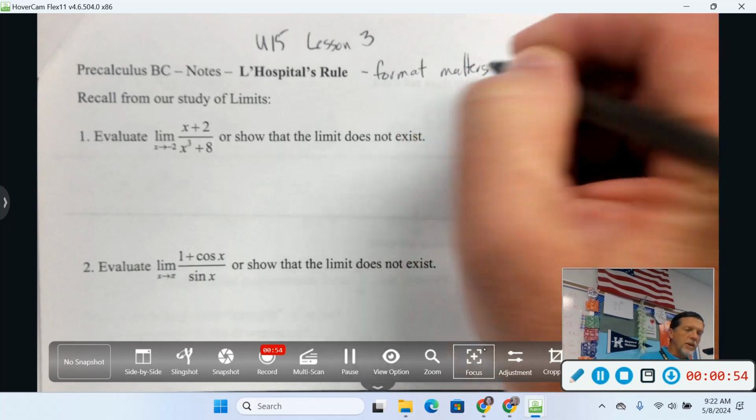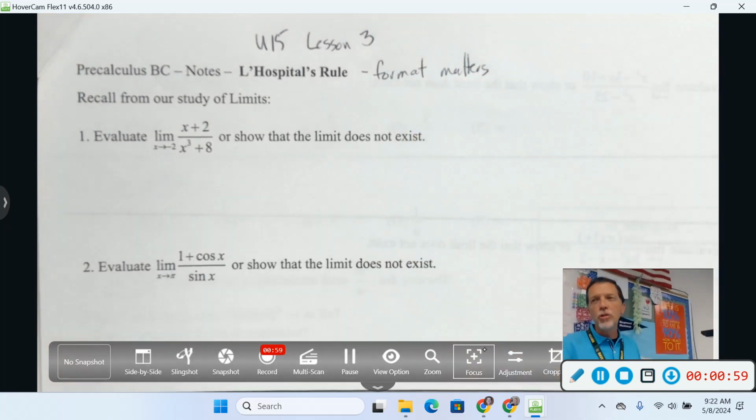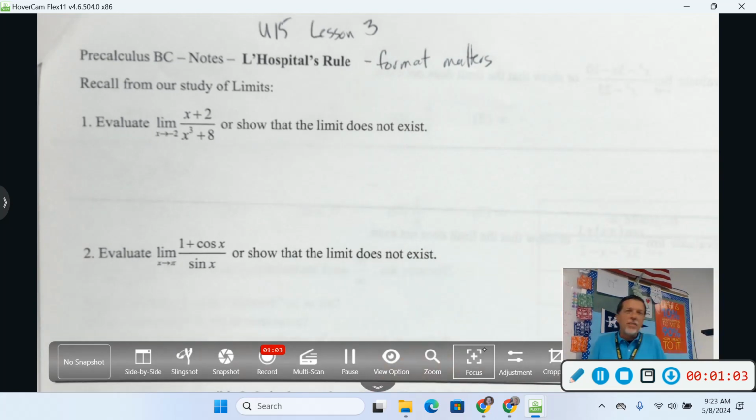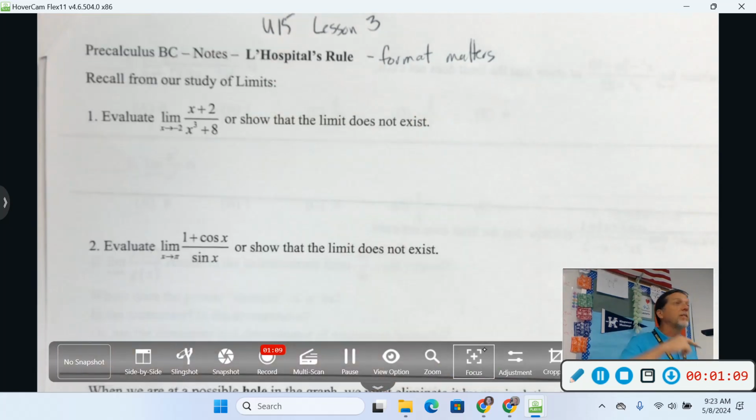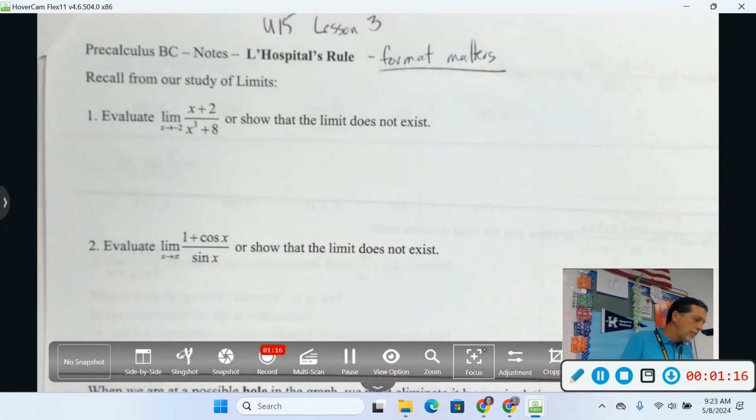I'm trying to think of a better word than format. How you show your work matters. We'll talk about it in a minute. The process is pretty easy, but you've got to make sure you do it the right way to get credit on the AP test, basically, for next year. Or, no, this wouldn't be on the PreCal AP test. So, format matters.